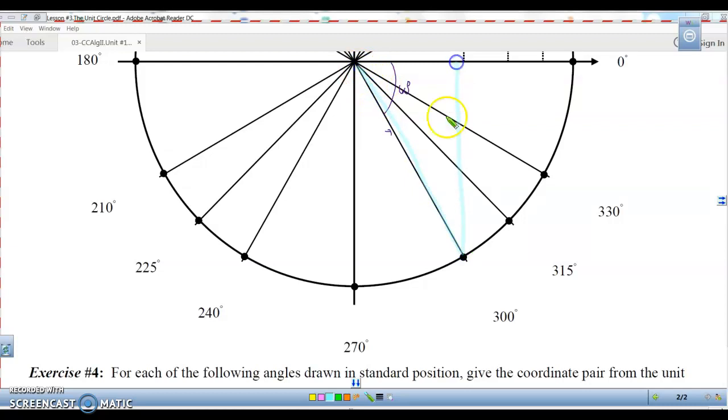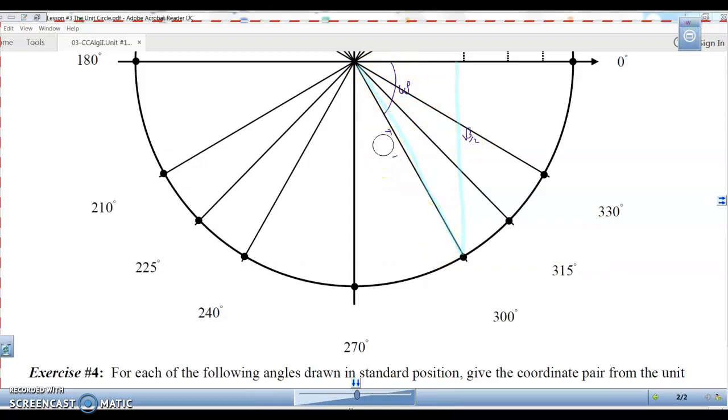So that means that this side over here would be the square root of 3 over 2, and this side over here would be 1/2. But we're in the fourth quadrant. What do we know about the coordinates in the fourth quadrant? Well, the x-coordinate would be positive, but the y-coordinate would be negative, right? Oops, that's not 1/2.